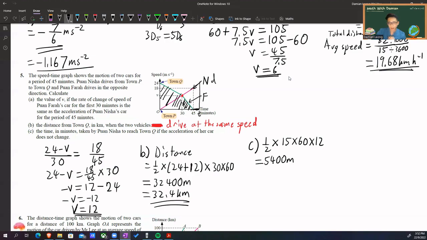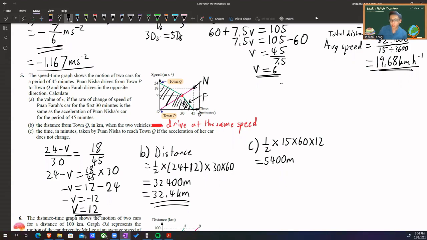I don't know the speed also actually. So we don't know what speed it reaches, but we know that the acceleration doesn't change.